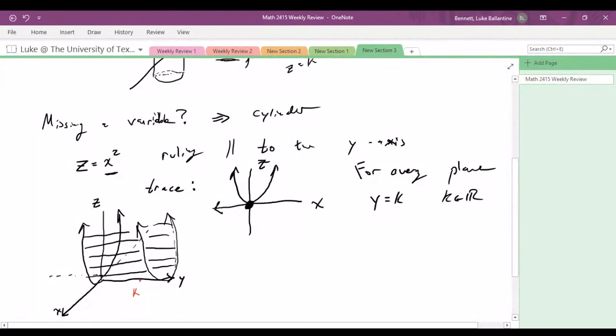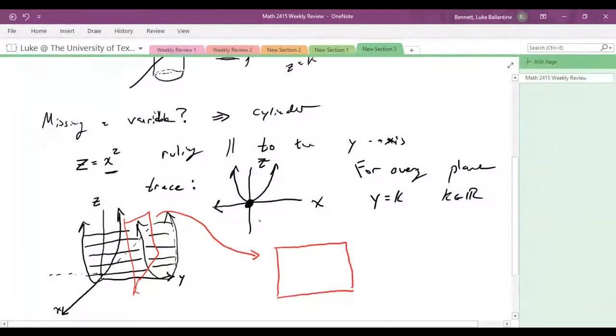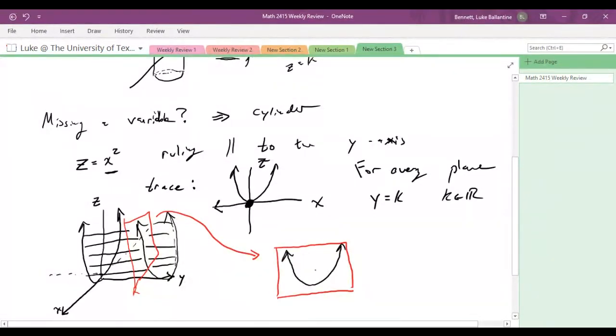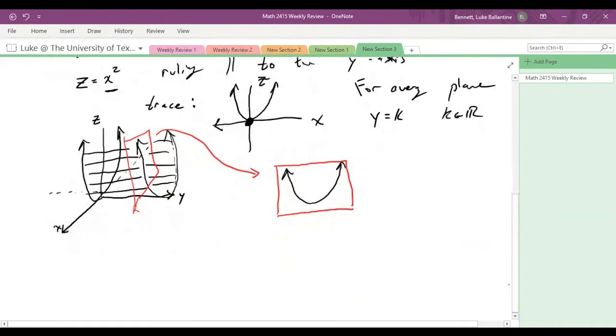And so this plane, slicing it, if we were to shift it this way and turn it towards us, we would get this picture. We would get a parabola. Cool. So yeah, this is a generalized cylinder, because we're missing the variable y.